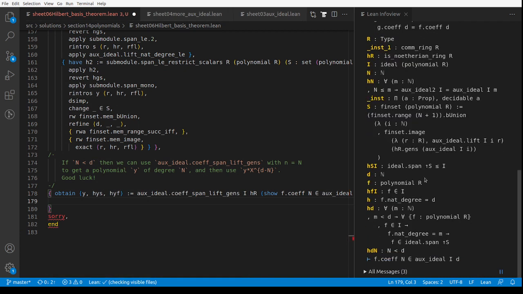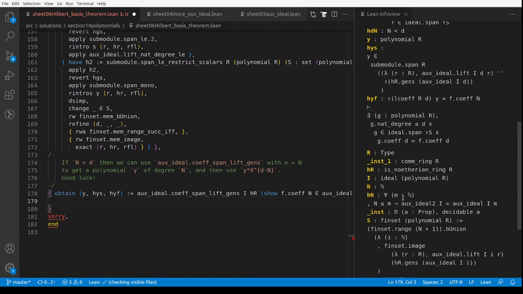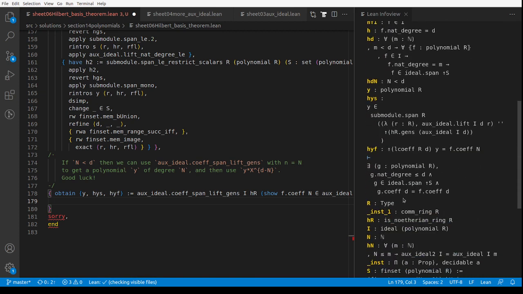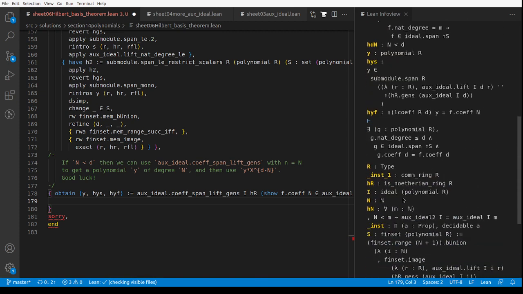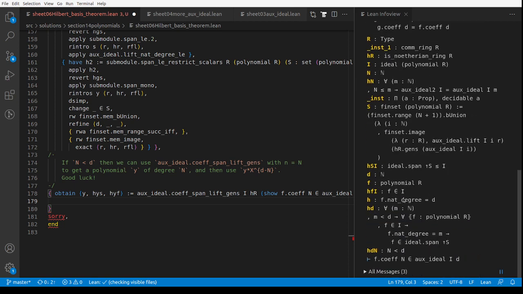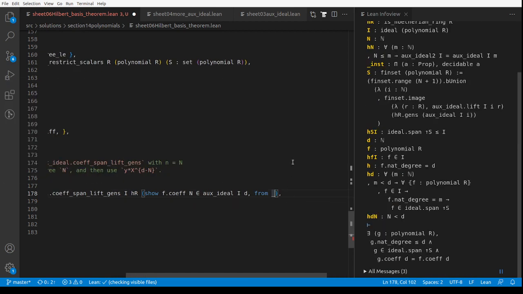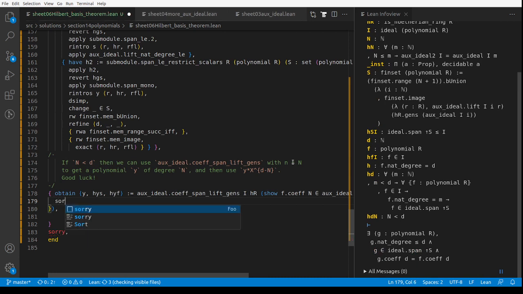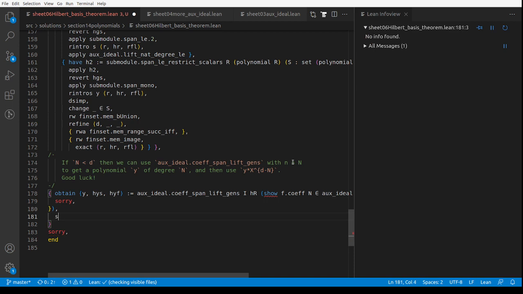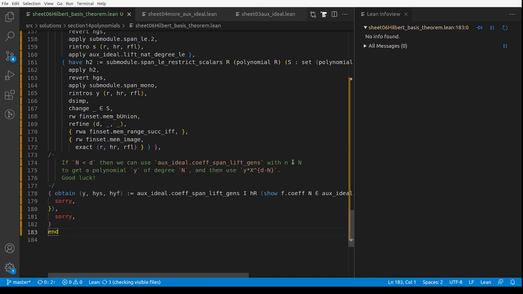And now what does it want from me after that? It wants the coefficient of x to the n. Okay, that's a reasonable thing to want. From underscore. Let's do this. And then we'll put a sorry here, and I should be able to delete that.